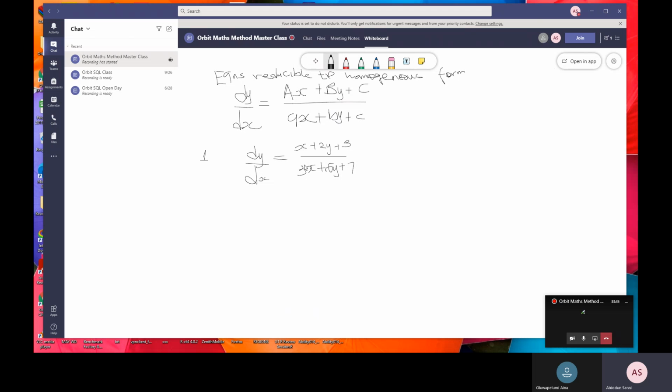Apparently we are going to look at something. If you look at this, I can write this as x plus 2y plus 3 all over 3 into bracket x plus 2y, plus 7.